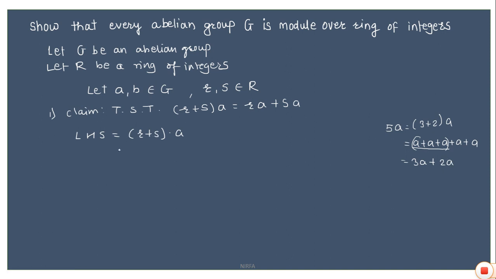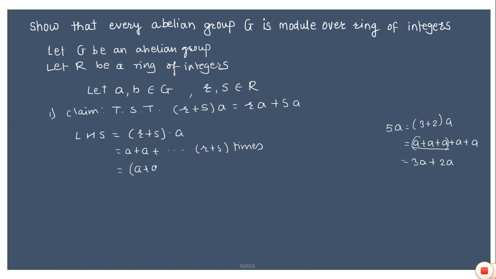Since r plus s is an integer, and the integer times a means a plus a, we can add this a up to (r plus s) times. Is it right? Now its meaning is a can be added r times as well as a can be added s times.